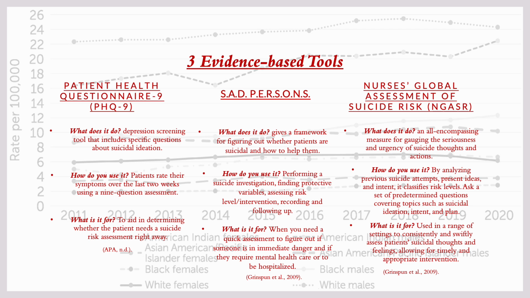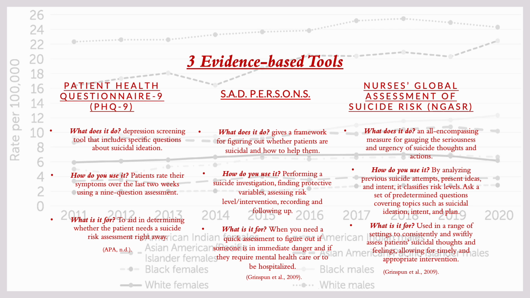The NGASR is an all-encompassing measure for gauging the seriousness and urgency of suicide thoughts and actions, by analyzing their previous attempts, their present ideas and intent, and it also classifies risk levels. It involves asking a set of predetermined questions covering topics such as suicidal ideation, intent, and plan.